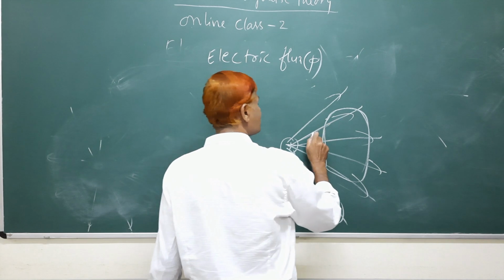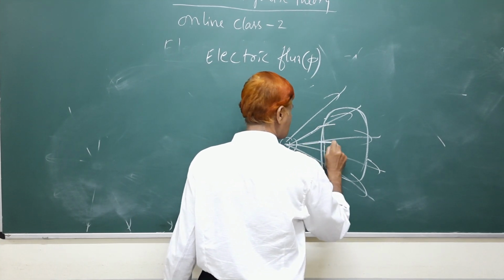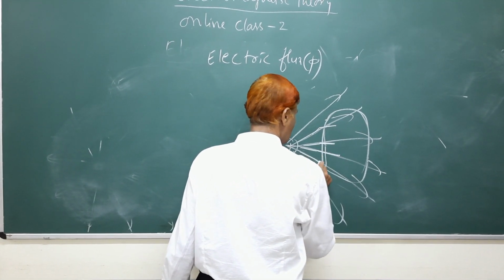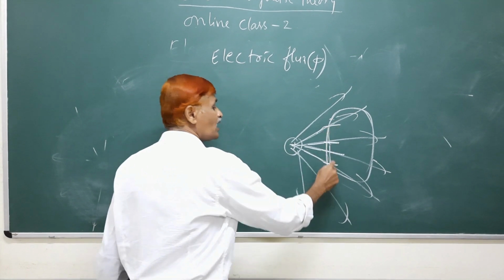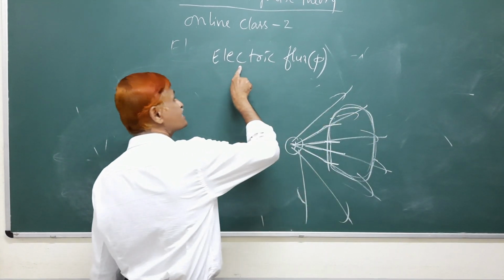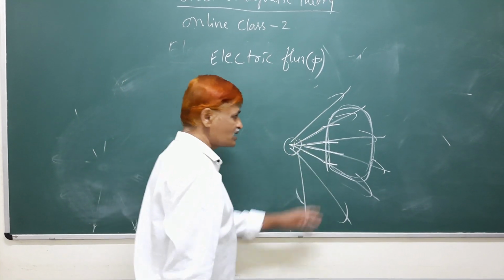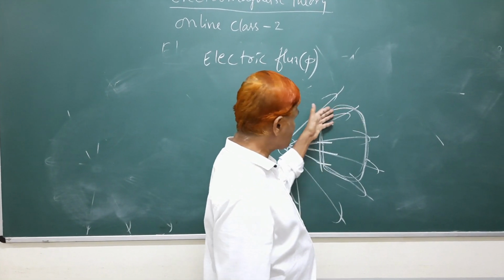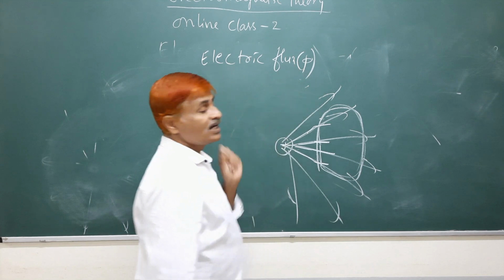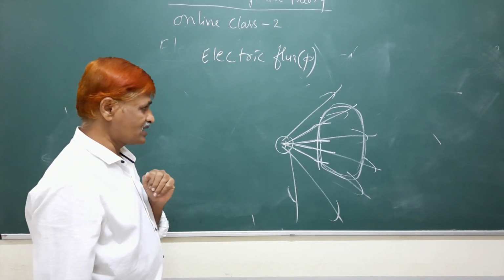The number of lines of forces passing through this area is called electric flux. Number of electric lines of forces passing through that area is called electric flux.